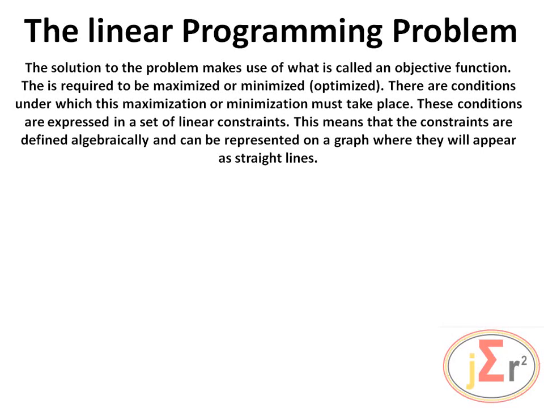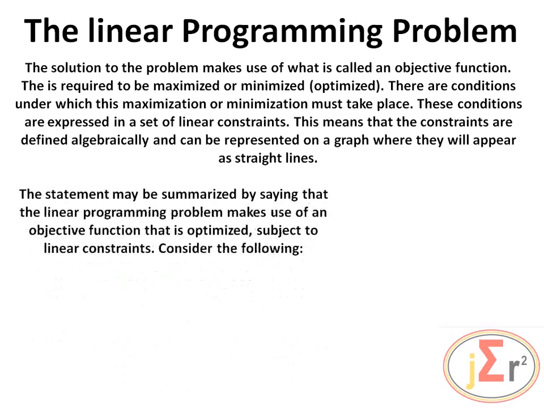This means that the constraints are defined algebraically and can be represented on a graph where they will appear as straight lines. The statement may be summarized by saying that the linear programming problem makes use of an objective function that is optimized subject to linear constraints.